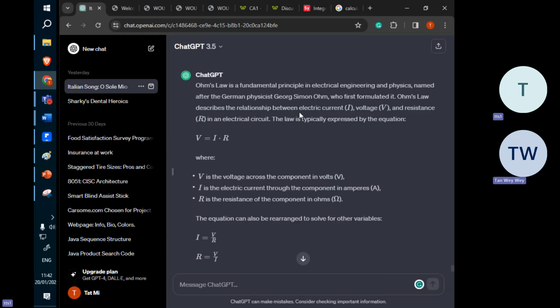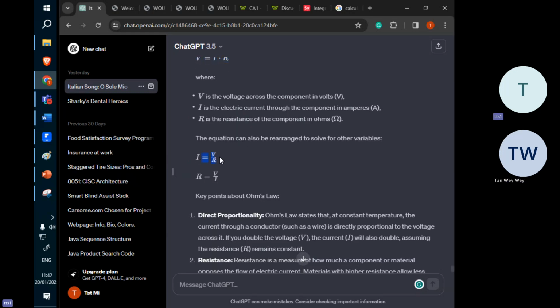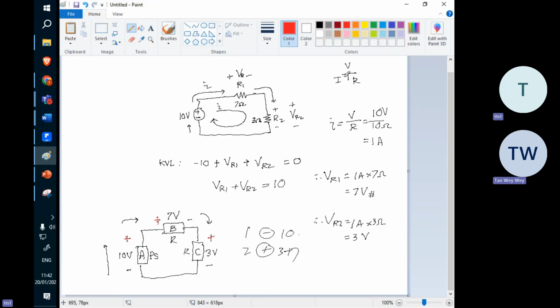Ohm's law is this: V equal to IR, or another form is I equal to V over R, equal to V over I. What I use is like this: V on top, IR at the bottom. So I equal to V over R, R equal to V over I, V equal to IR.